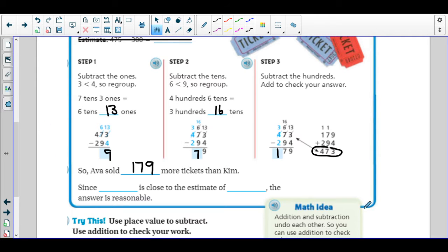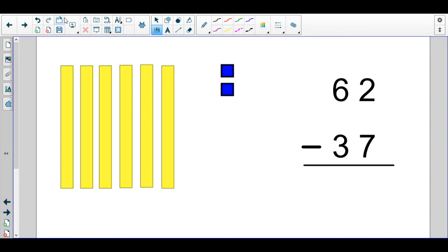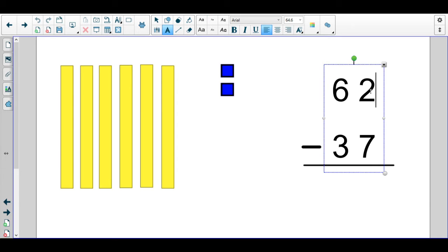And then this is with our estimating, which I said just don't worry about that quite yet. So let me take this example here that we were saying that 7 tens and 3 ones is equal to 6 tens and 13 ones. Let's go right here. And as a matter of fact, I can go ahead and change this so that it is 73.